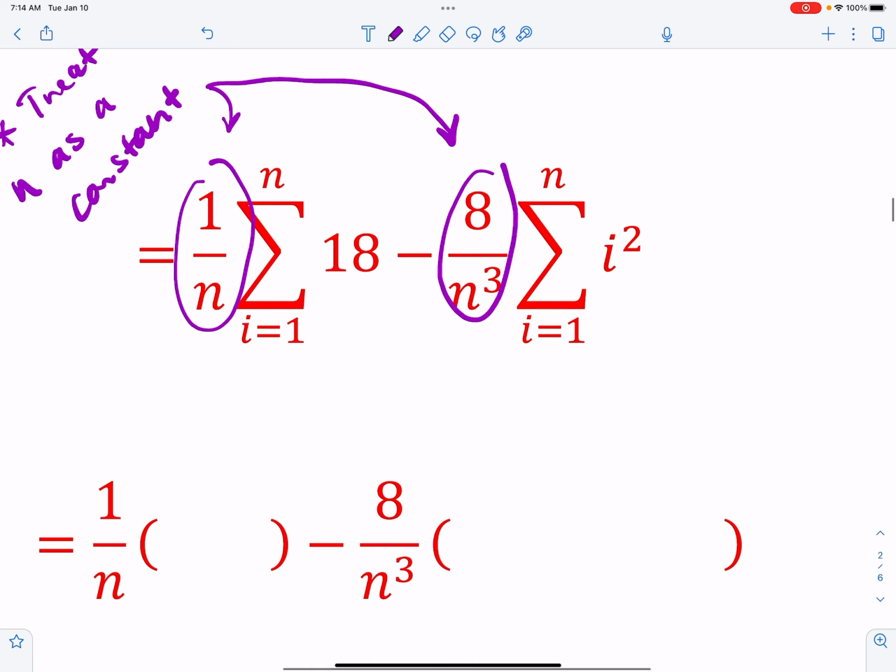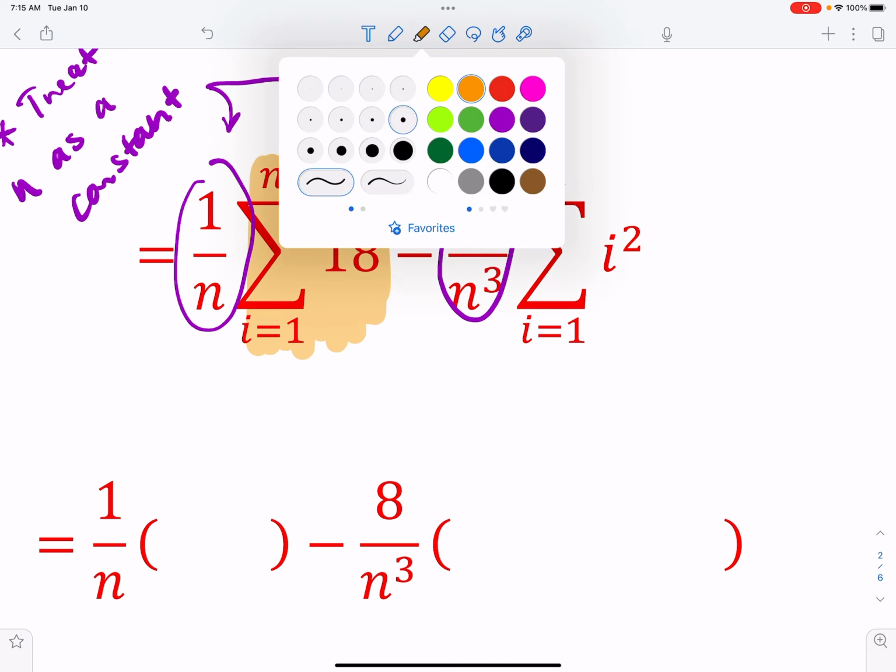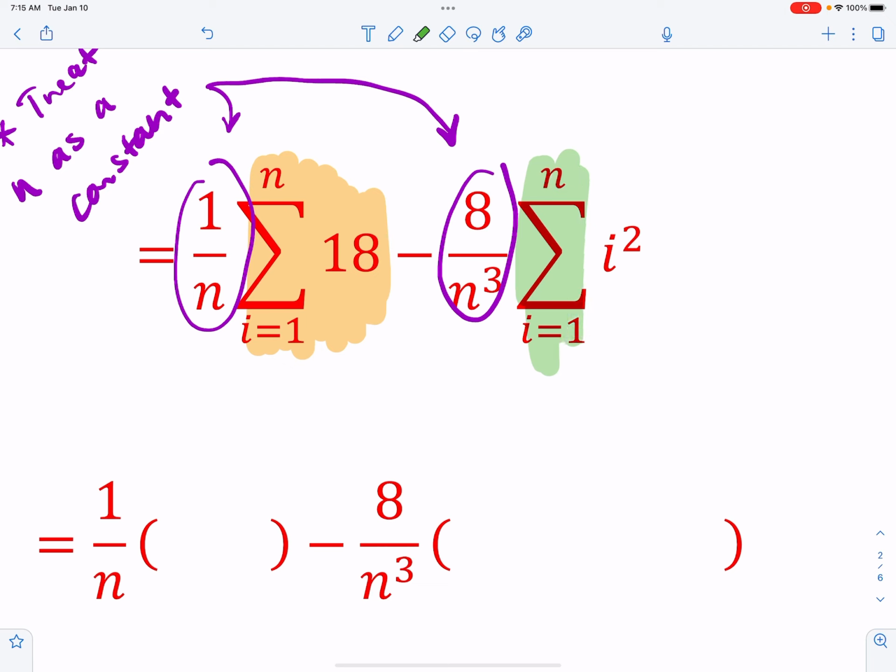Now we can use those summation formulas that I told you I would give you to rewrite that sum and that sum. The constant would be 1 over n, and to rewrite the sum for I equals 1 up to n of 18, we can just multiply 18 by n.